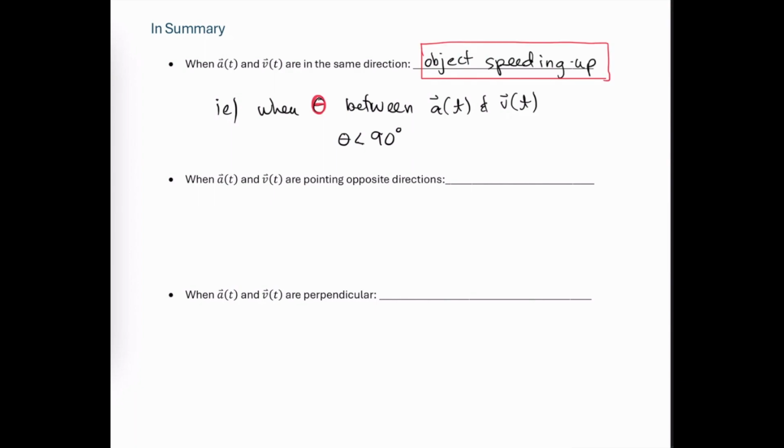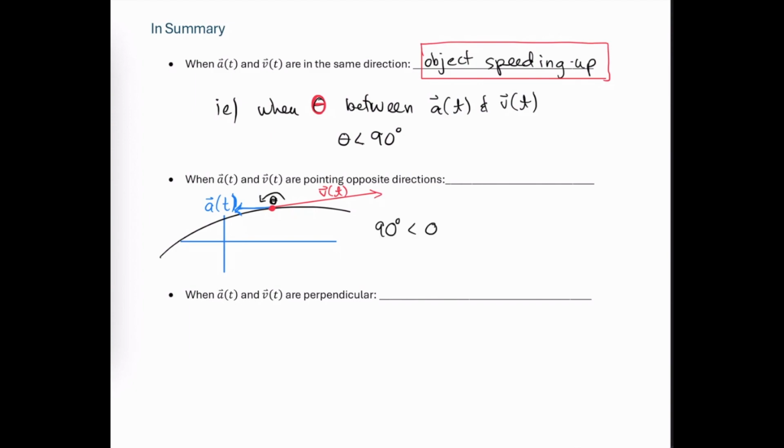When the velocity vector and the acceleration vector are not in the same direction, or we could say in opposite directions, so what that might look like is having a velocity vector coming out this direction, pointing in the direction of the motion, and the acceleration vector might be pointing in an opposite direction, meaning that the angle in between these two vectors is greater than 90 degrees, but of course it has to be less than 180.